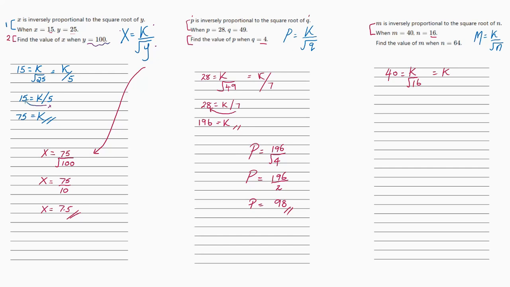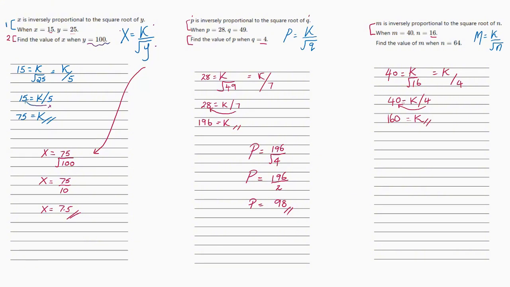So we now have k over 4. So we have k divided by 4 equals 40. We're going to multiply it, which gives us k equals 160.